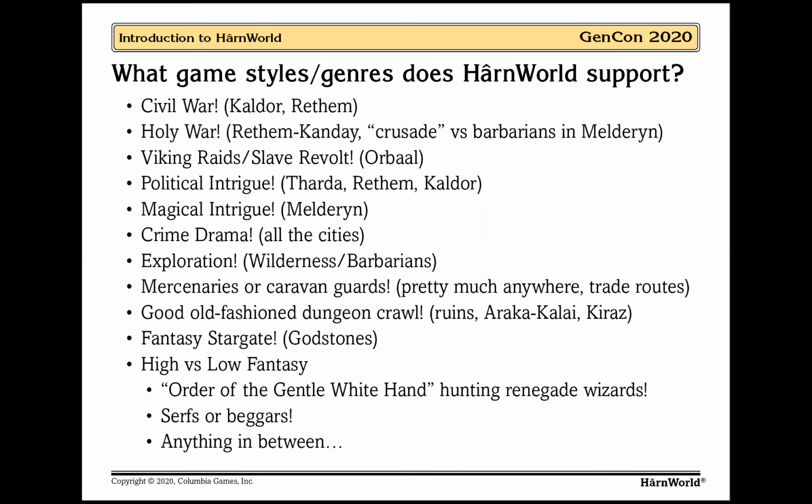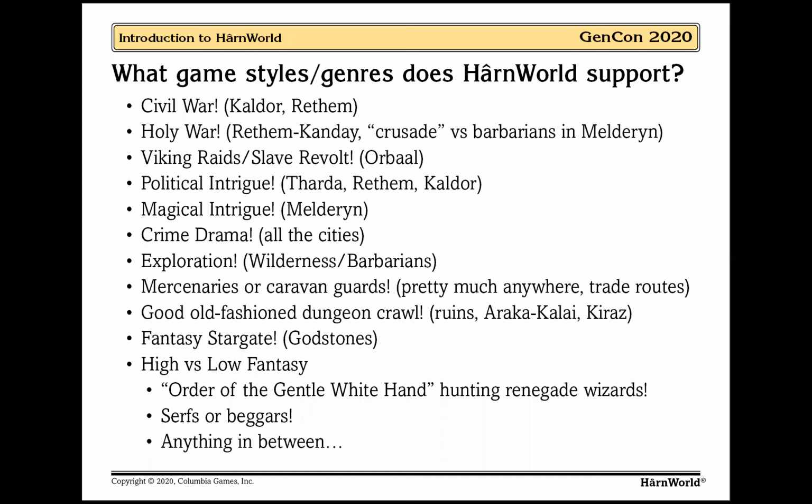One of the aspects of those ancient precursor ruins is that most of them have what are called godstones, which are perhaps magical, perhaps advanced technological, not clear and up to the GM essentially, transport devices, which is great because that lets you link into the concept of gaming across a multiverse.